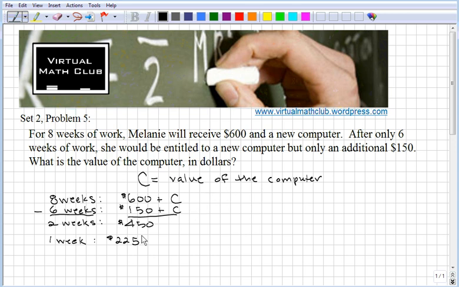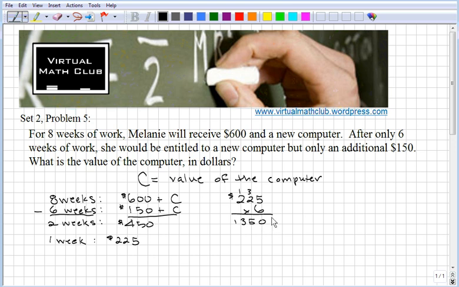So let's see, if she was being paid totally in money and she worked for 6 weeks, then you could take $225 times 6, and what do you get? Let's see, that's 30, carry the 3, 12, 15, carry the 1, 12, 13. She would get $1,350 if she's being paid totally in cash.